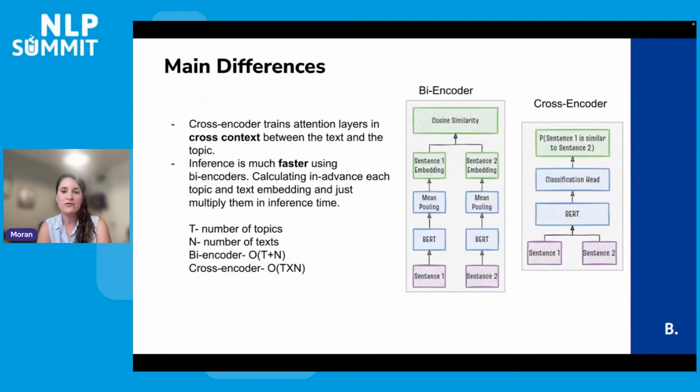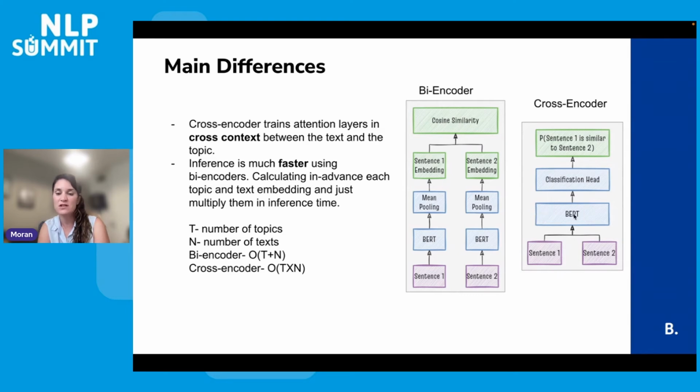So what are the main differences between these two architectures of cross-encoder and bi-encoder? Cross-encoder trains the model with the text and the topic as one input. And the main advantage of this approach is that the attention layer will learn the relationships between these two inputs. So we have it as one input and we insert it into one BERT together.